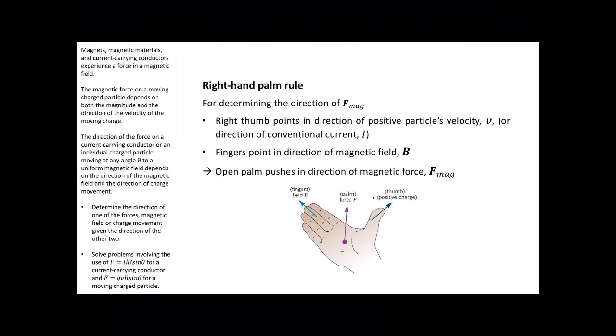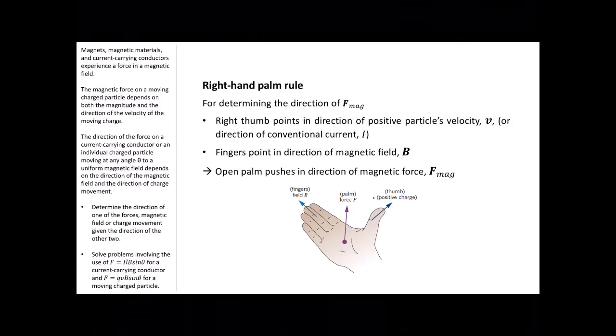To use this, your right thumb points in the direction of the positive particle's velocity, or if we're using current, then it will point in the direction of the conventional current. Your fingers point in the direction of the magnetic field, and then your open palm will push in the direction of the magnetic force. So you'll be given any two of these three things, and you'll have to work out the leftover unknown.